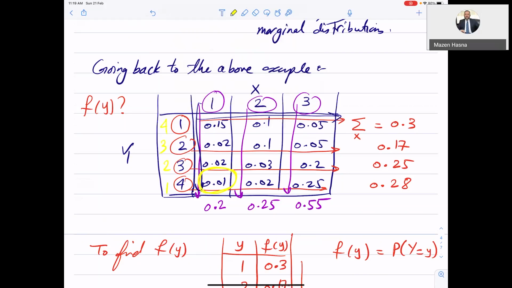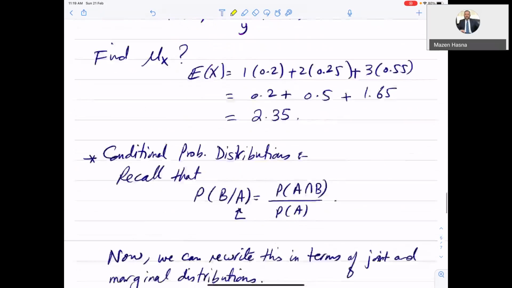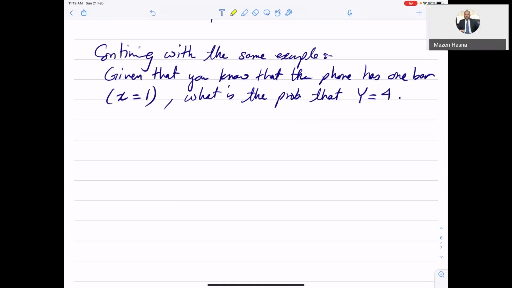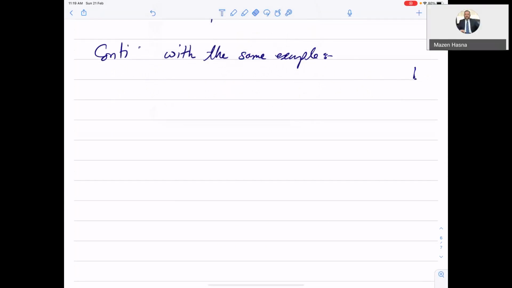If the signal is weak, you should have a higher probability for the event that you have to repeat the city name 4 times. It should be more probable than repeating it 1 time. So for me not to confuse you, let me do another example, because continuing with the same example will not make sense now.